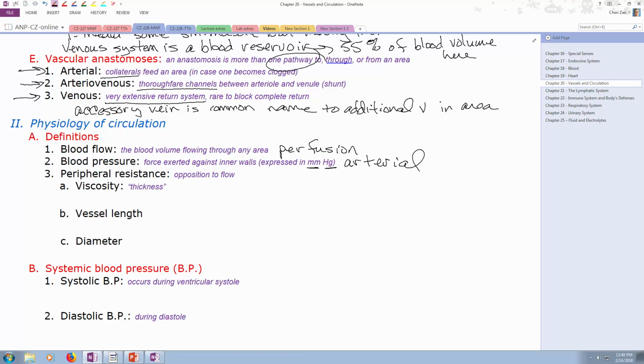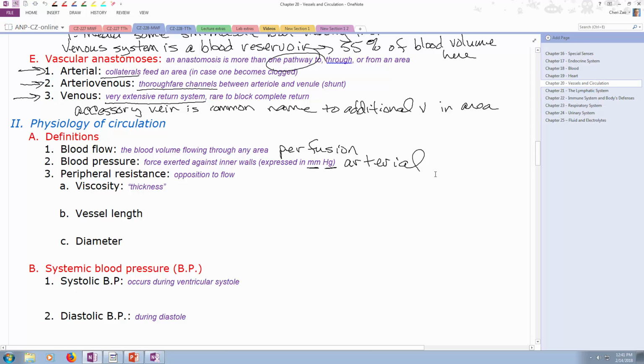Because if somebody has a blood pressure of 120 over 80, what do you think about their perfusion of their tissues probably? Good. What about 60 over 20? Not good. So blood pressure is very important. It has a direct relationship to tissue perfusion, which is also talking about perfusion of various capillary beds.